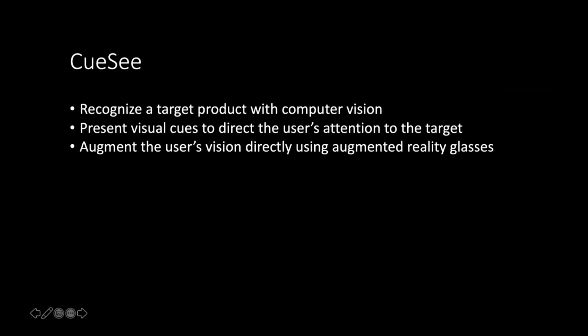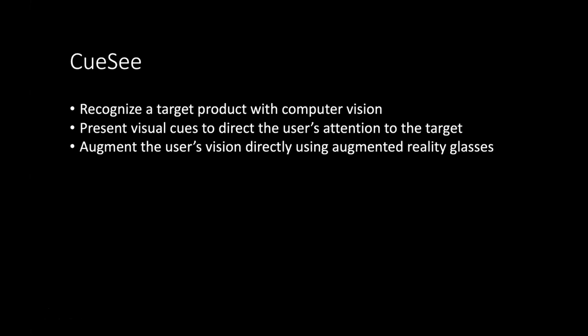So we decided to design an augmented reality visualization to address this particular task, this visual search task of finding a product on a grocery store shelf. We call this QC, and QC recognizes a target product with computer vision. This is something that computer vision researchers have been working on for decades, locating a particular product in a grocery store scenario.